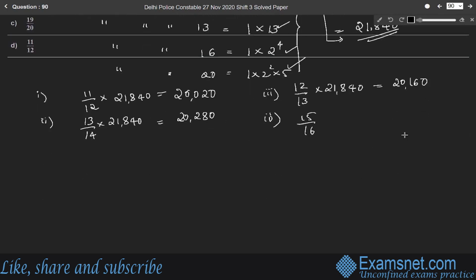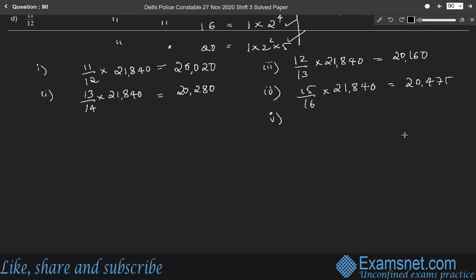Whereas the fourth fraction, 15 by 16 into 21,840, gives 20,475. Whereas the last fraction, 19 by 20 into 21,840, gives the value 20,748.